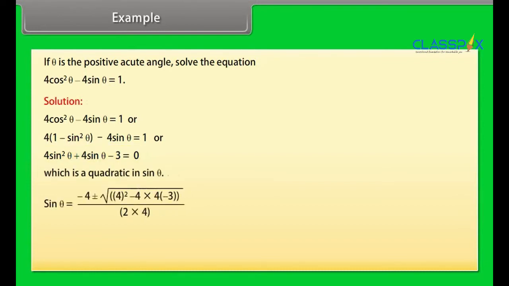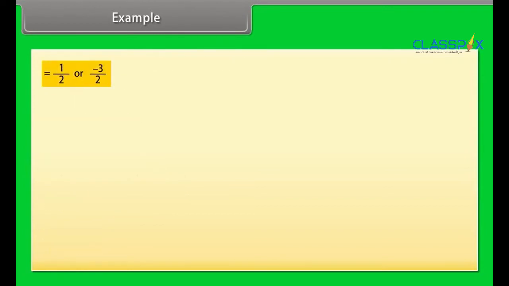Sin theta is equal to (-4 ± √(4² - 4·4·(-3))) by (2·4), which is (-4 ± 8) by 8, equal to 1 by 2 or minus 3 by 2.